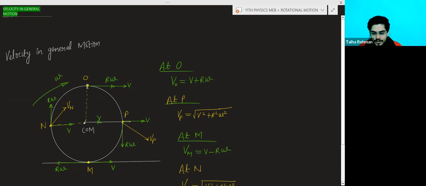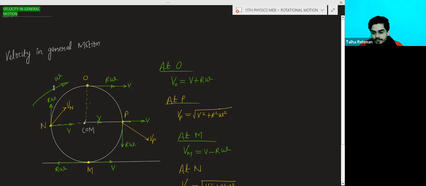Now, if I want to find the total velocity of the point O, due to the linear motion and due to the rotation. So in this case, velocity v is imparted, because the velocity of center of mass is imparted to all of the particles.